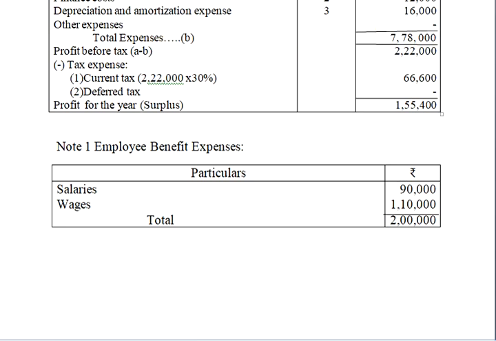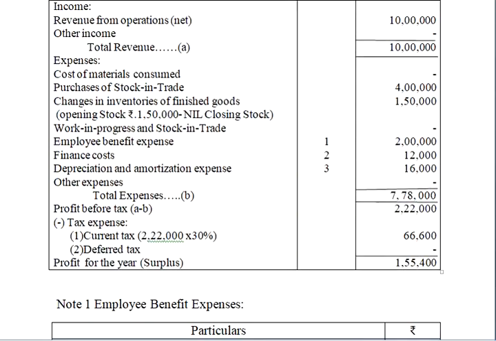So total expenses, how do we get total expenses? 4 lakhs plus 1,50,000 plus 2 lakhs plus 12,000 plus 16,000, you got 7,78,000. 10 lakhs minus 7,78,000, you got profit before tax, A minus B, 2,22,000.